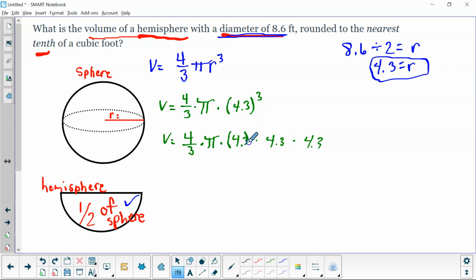That's the same thing as 4.3 cubed. So whichever way you want to do it, I think it's easier to put this in the calculator myself. But let's use this over in the Delta Math calculator.